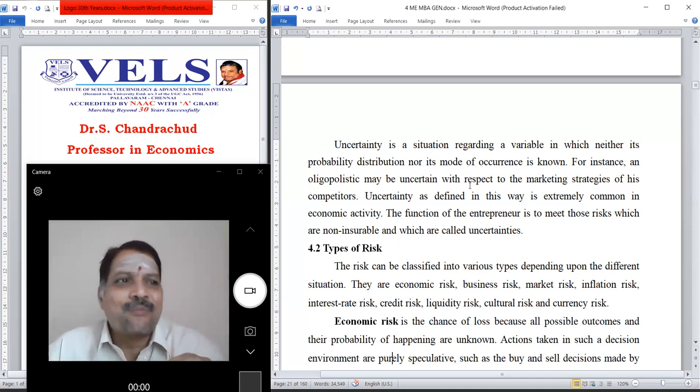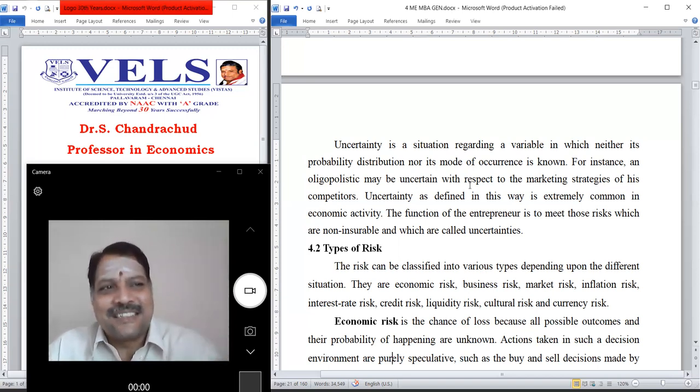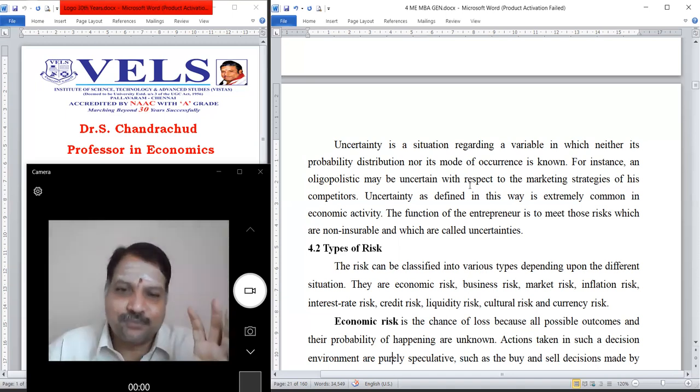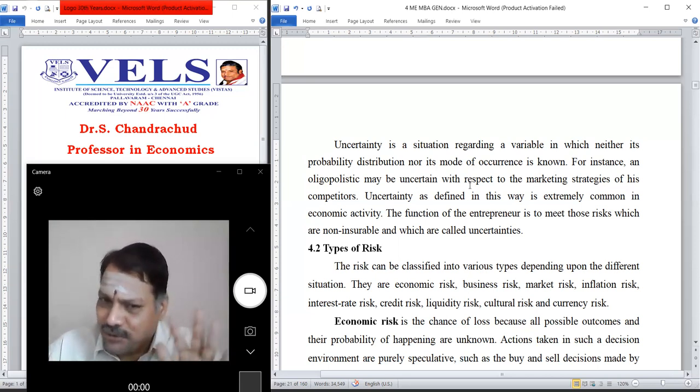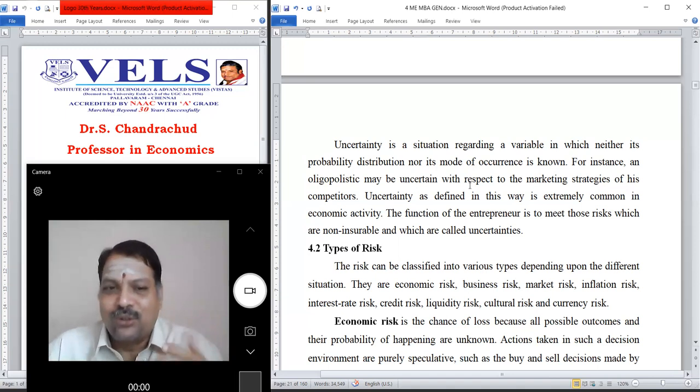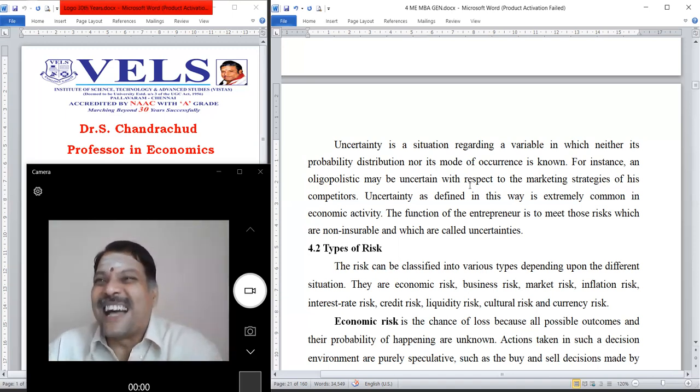Why? Because a manager is taking some risk for the uncertain future. So the function of the entrepreneur is to meet those risks, and risk is insurable, but uncertainty is not insurable. It is non-insurable. So that is why we call it uncertain.